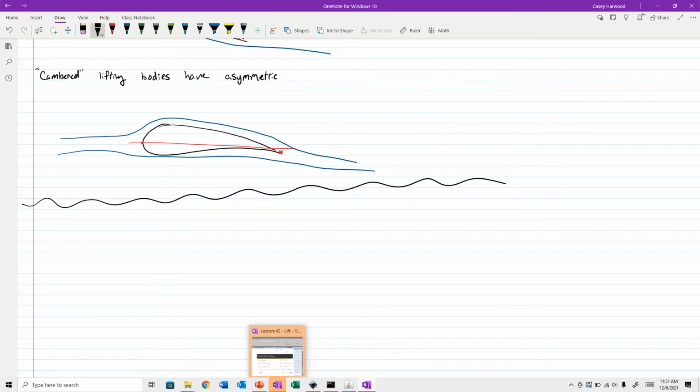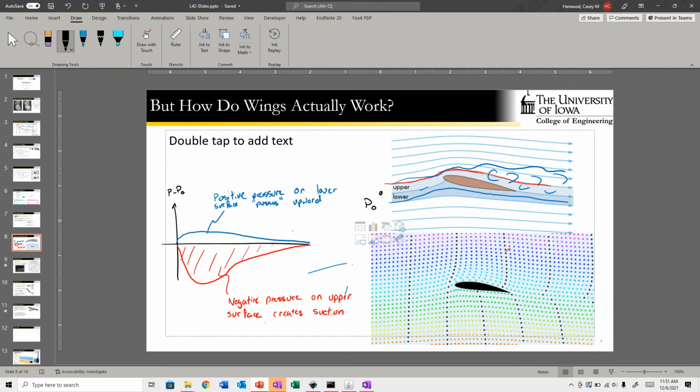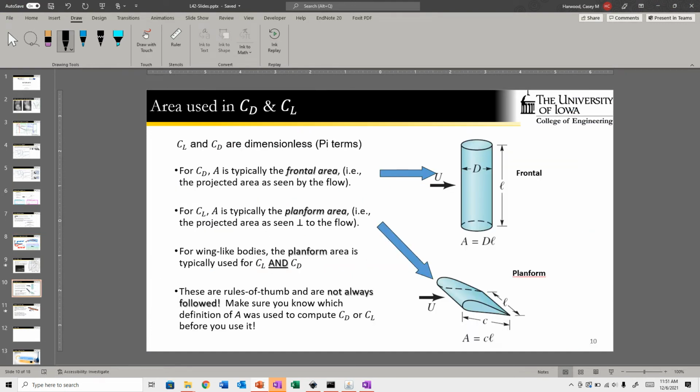So actually, this is still back over here. We talked about the drag coefficient earlier, but the lift coefficient is really the same idea.